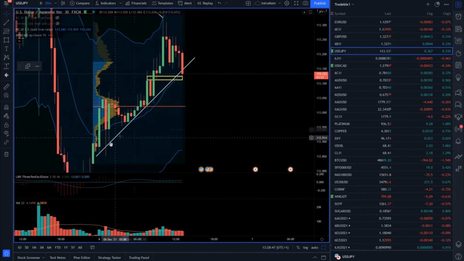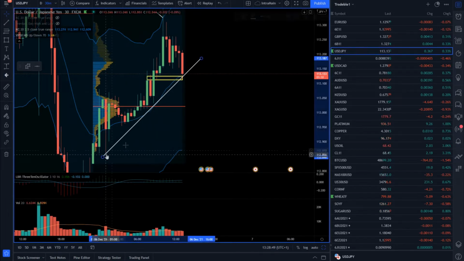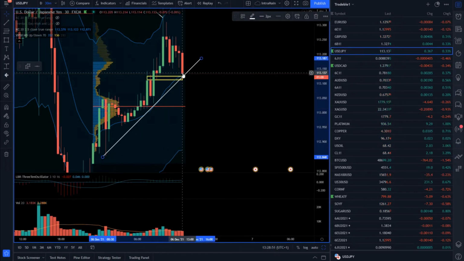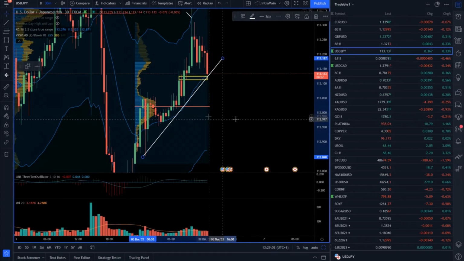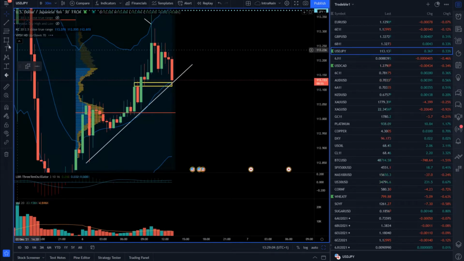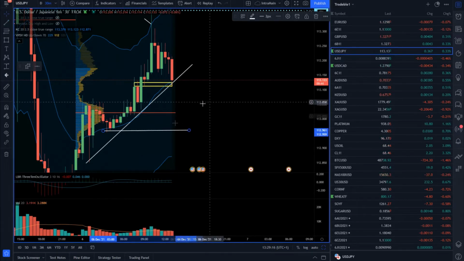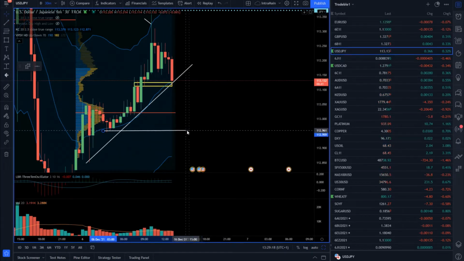What I want to point out here is that the trend for the day is still positive, and now the price is testing the 20 moving average on the 30-minute time frame, and also this smaller middle consolidation area around 113.11. As long as we don't take this low here, I can see price continue higher.